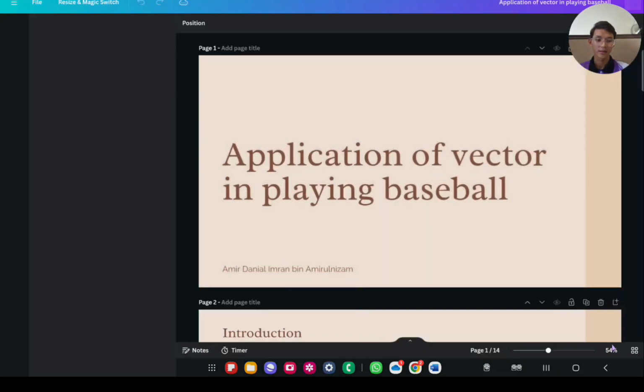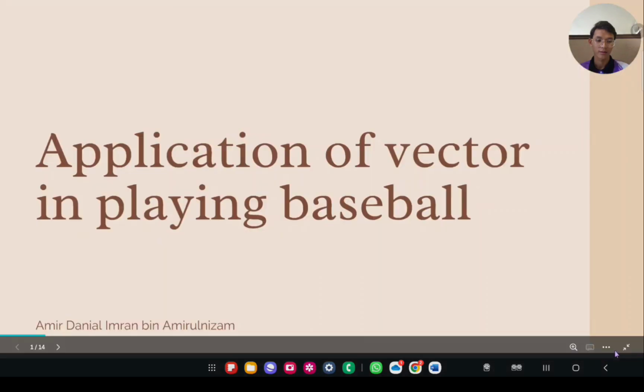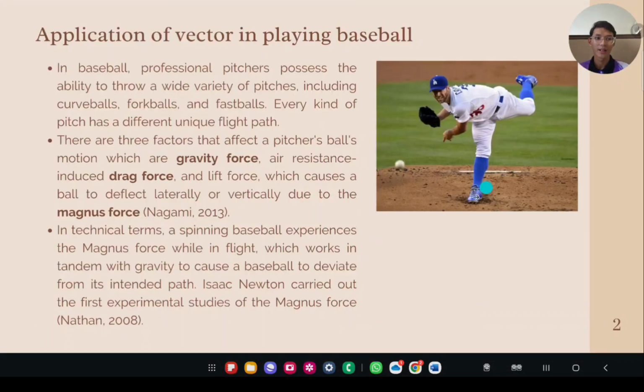So in technical terms, a spinning baseball experiences the Magnus force while in flight, which works in tandem with gravity to cause the baseball to deviate from its intended path.